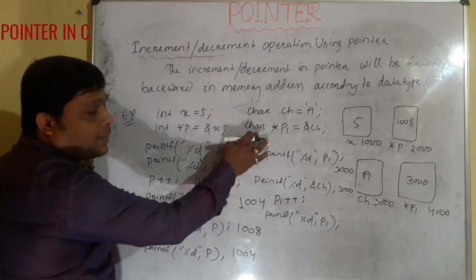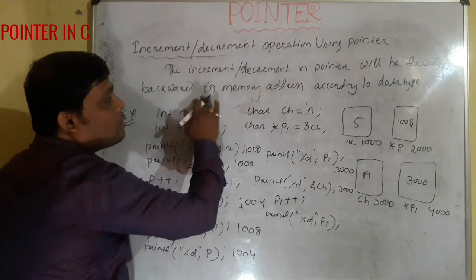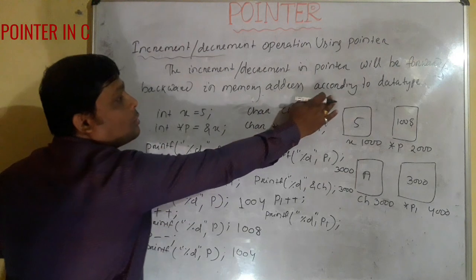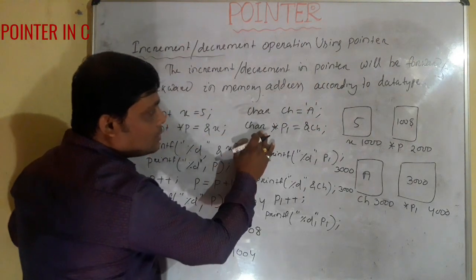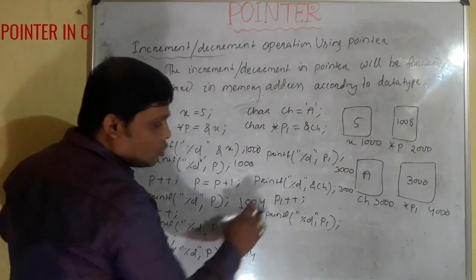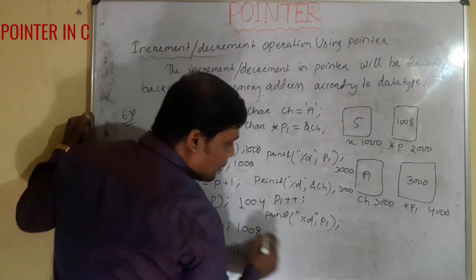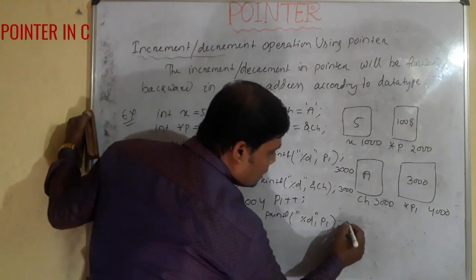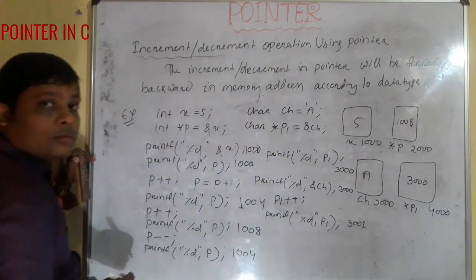Just see, p1 is a character pointer. I have told you it moves forward or backward according to the data type. The size of a character is 1, so it will move forward or backward by 1. Clear? So it will print 3001.